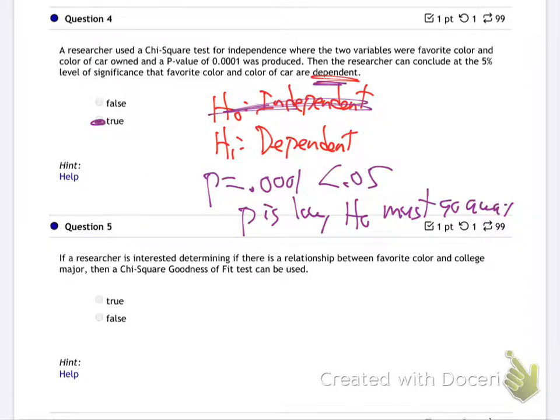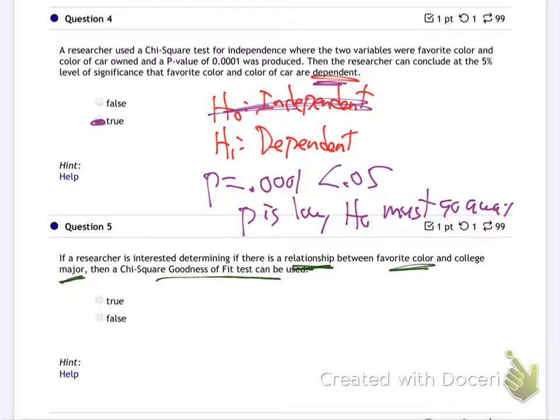If a researcher is interested in determining if there's a relationship between favorite color and college major, then a chi-square goodness of fit test can be used. Is that true? Is there a relationship between favorite color and major? Like, do people that like blue tend to pick history, liberal studies?